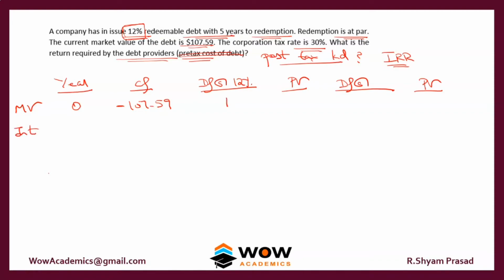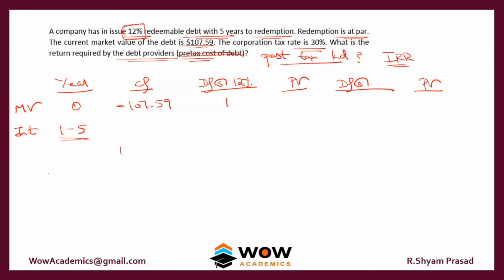It's called interest. Interest is being paid for how many years? From the first year to the 5th year, it is being paid. It's not minus, it's 1 to 5 years. And the cash flow is how much cash flow we get per year. Interest is 12%, but if you take after tax interest, let's see how much it comes.